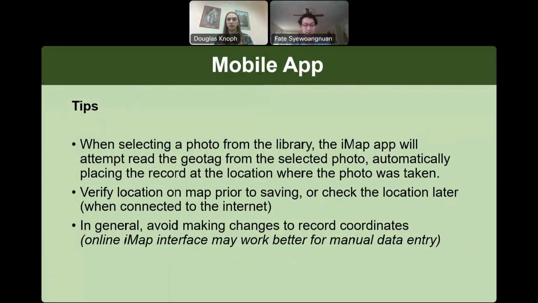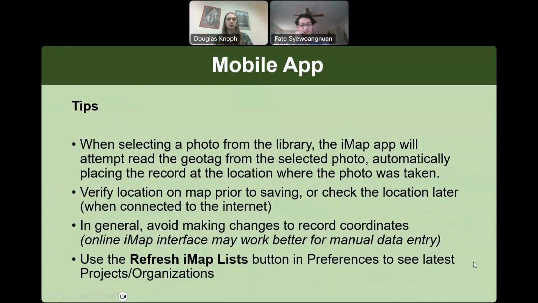It can be a little finicky there. If you are using photos that are already on your device and you want to change the location that it's showing, it may just be best to do so on the web version of iMap, just to avoid some of those issues.